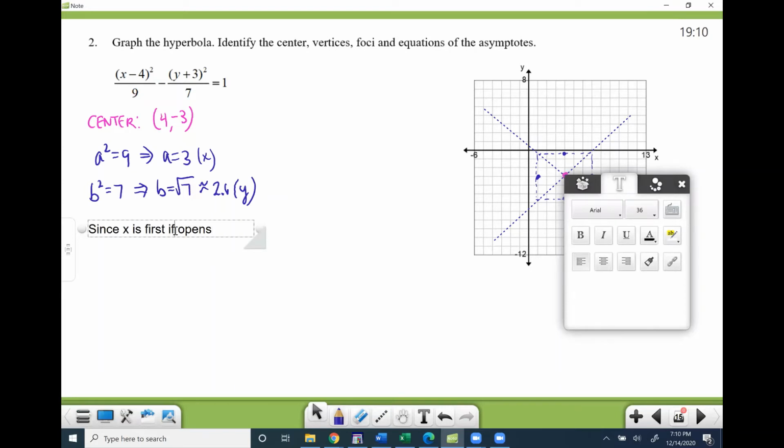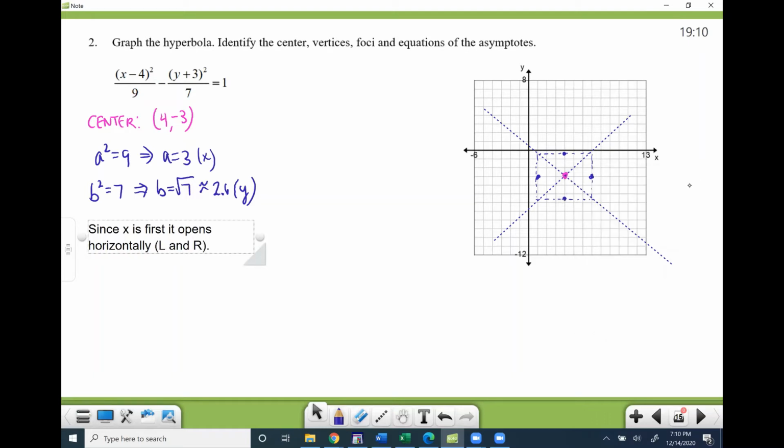Left and right, horizontally. All right. So we know how to draw it now, you guys. So here we go. Perfect. Okay, so the graph part, we're done.